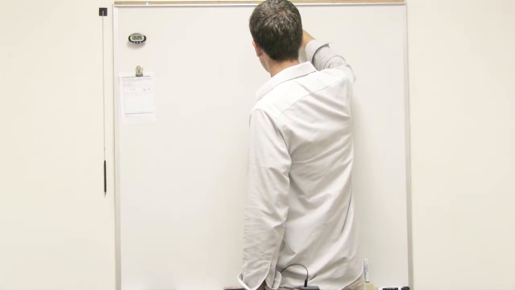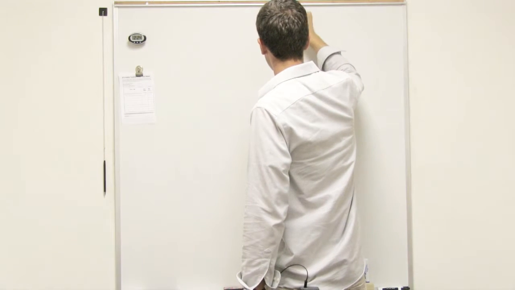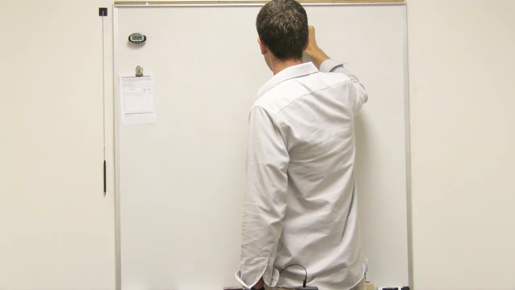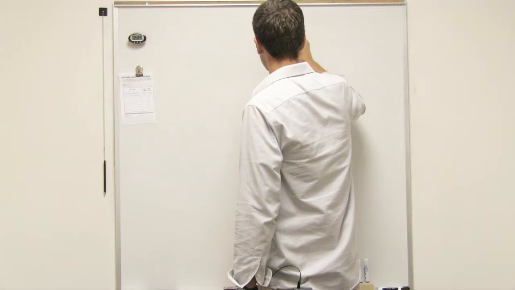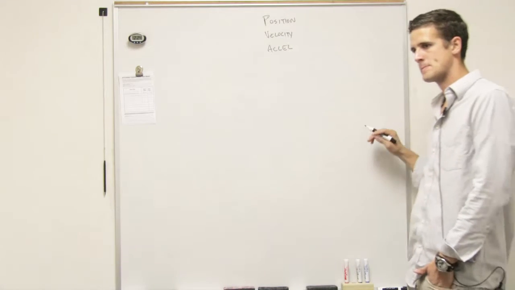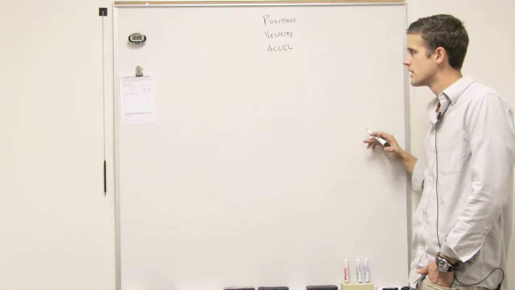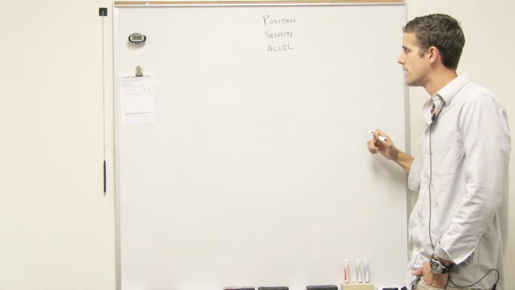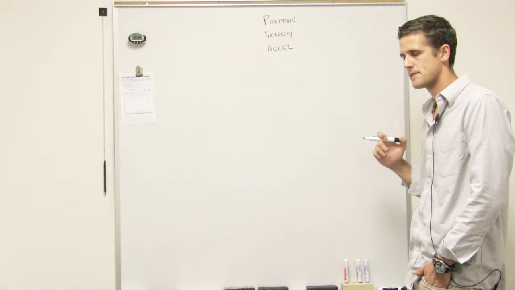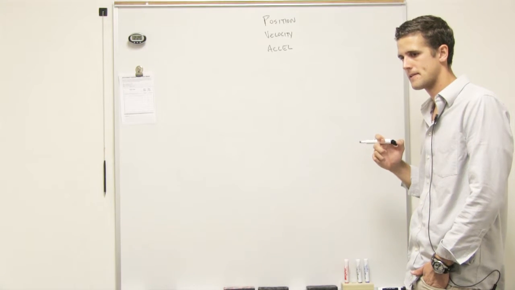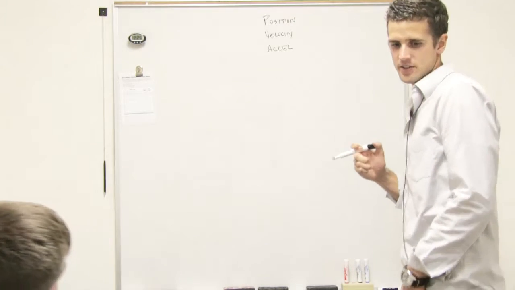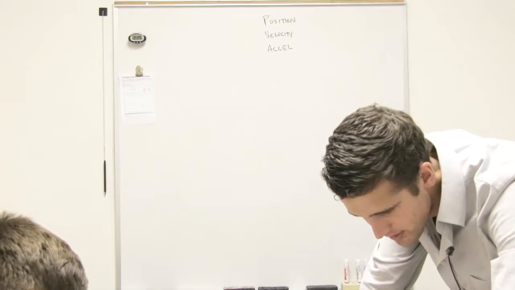Position, velocity, and acceleration. So how are these related to one another? If you look here, do you understand what this is telling you?